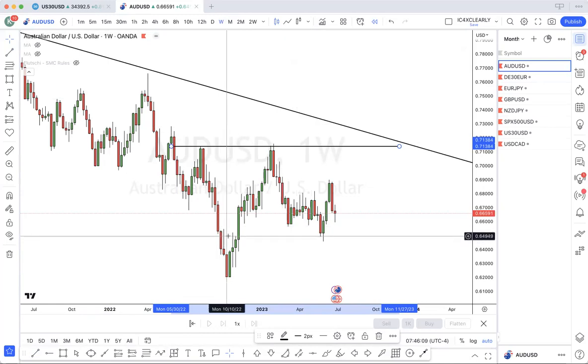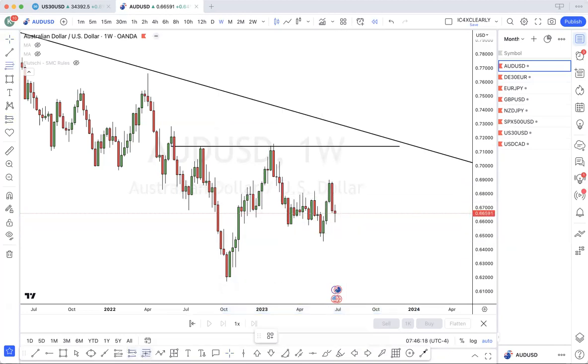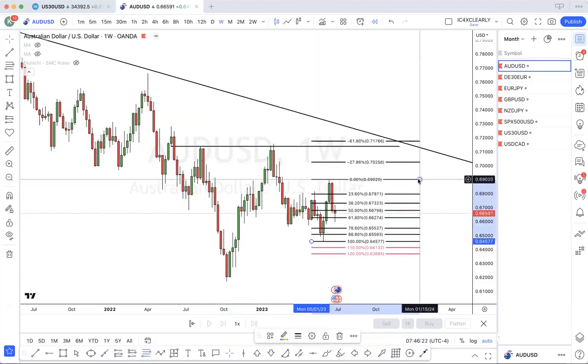Okay, so price filled in this imbalance and then started breaking structure to the top side. So for the week, we have this impulse move, which broke structure, has pulled back to the 618.